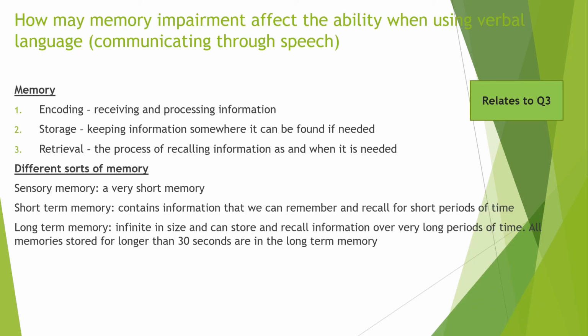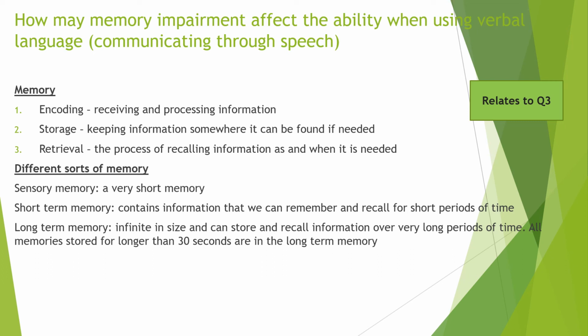So we're going to look at slides now relating to question number 3. And we're going to look at how memory impairment affects the ability when using verbal language, which is communicating through speech. So our memories are quite amazing and they perform the most complex and challenging processes. Despite plenty of research, there is still no certainty about how or why our memory works as it does.